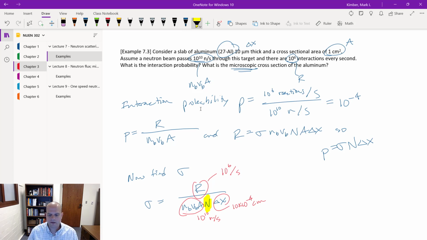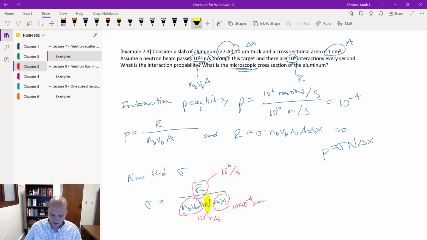And so I need to figure out the atom density of aluminum 27. That's what I need to figure out. So this should be units of number of atoms per volume, so number of atoms per centimeter cubed.